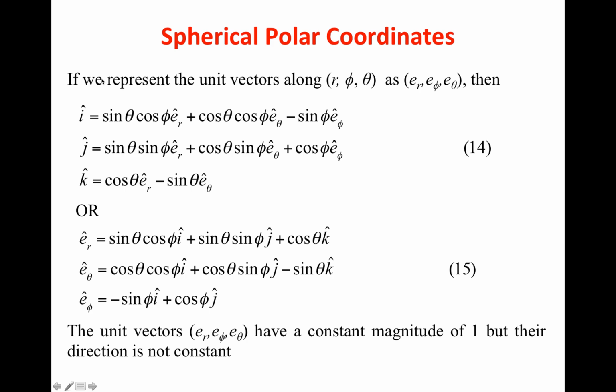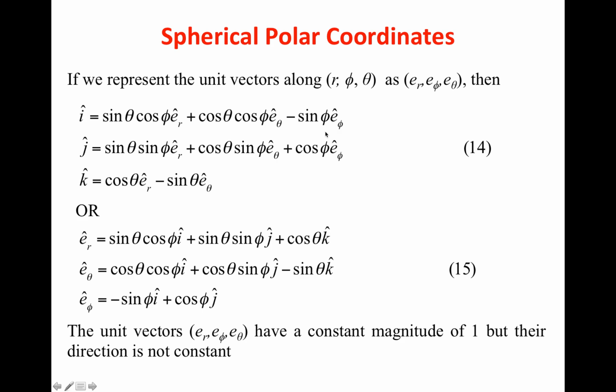So, again if we represent the unit vectors in these three directions r, phi and theta as e_r cap, e_phi cap and e_theta cap, then this is how your i, j, k are expressed in terms of the spherical unit vectors.